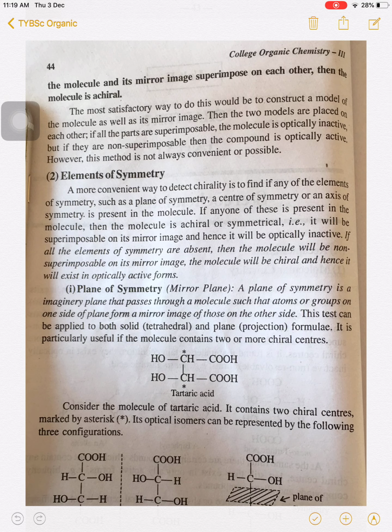The most satisfactory way to do this would be to construct a model of the molecule as well as its mirror image. So by studying such molecules, we come to know that an asymmetric carbon is not an essential criterion to be optically active.